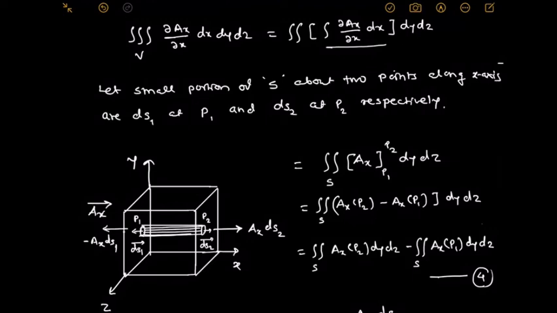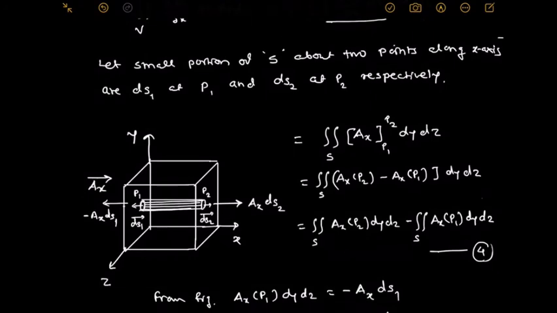At the surface P1, the direction of the x component of the vector A is opposite to the direction of the outward normal at the point P1, and therefore the flux at P1 is negative.